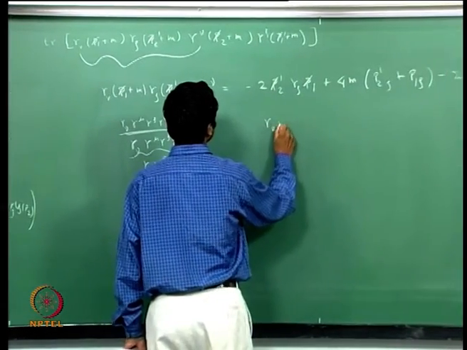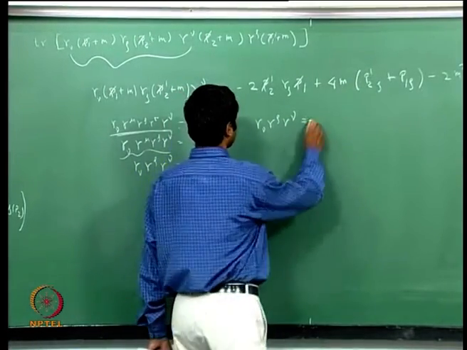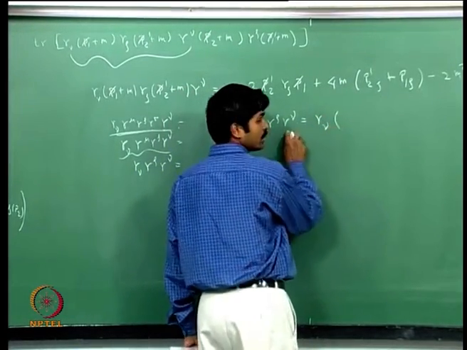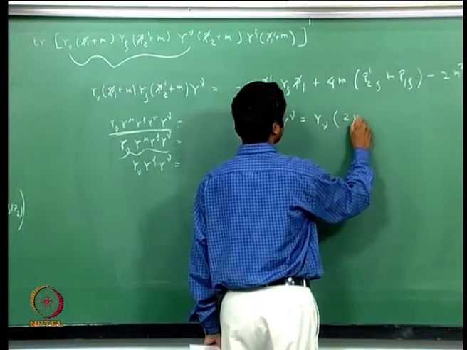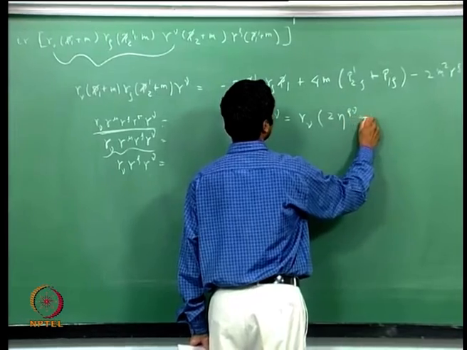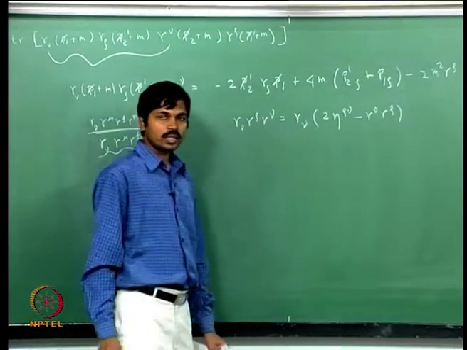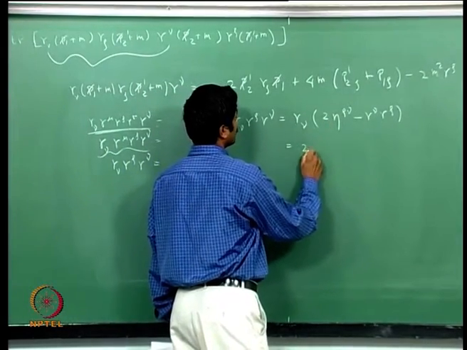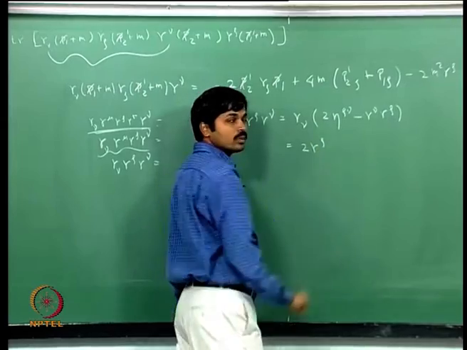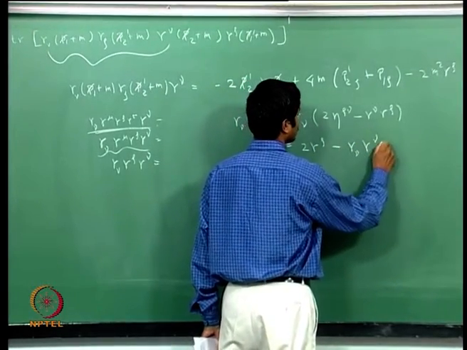Gamma nu, gamma rho, gamma nu is nothing but gamma nu times, I will use the identity gamma rho, gamma nu is twice eta rho nu minus gamma nu, gamma rho. Now, the first quantity is simply twice gamma rho minus gamma nu, gamma nu, gamma rho.